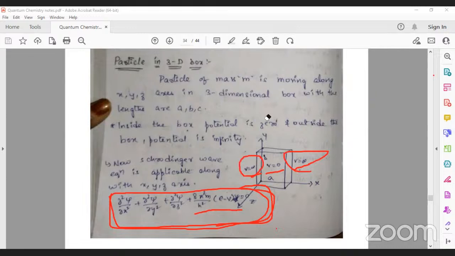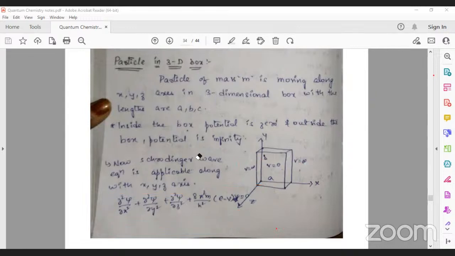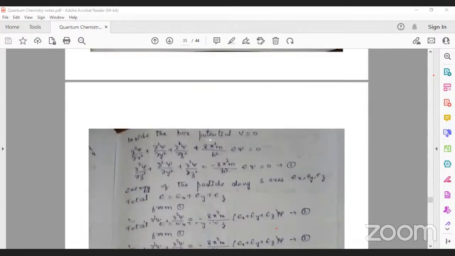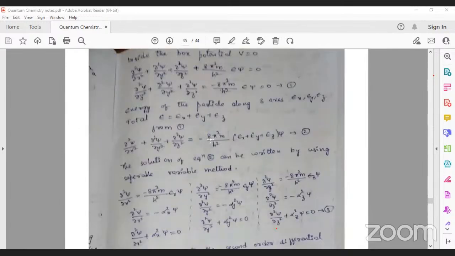The boundary conditions are also applied here, so we will get the solution of psi and energy. This is the simplification, just what we discussed previously. The same will be repeated here.